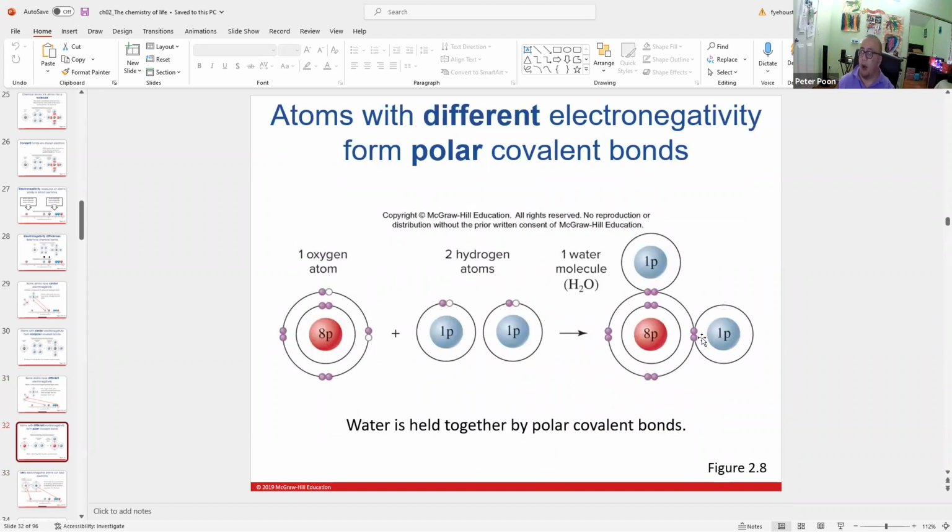We'll talk more about this in a couple of slides. In water, because the oxygen wants the electrons more, it will pull the electrons toward it. This side will have more electrons, so there will be a slight negative charge. This side will lose electrons, so it will have a slight positive charge.